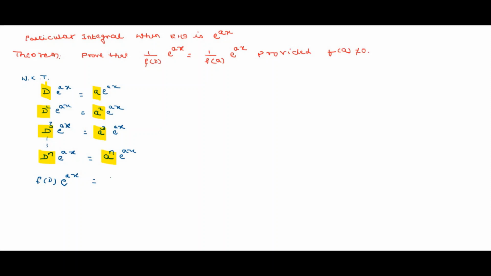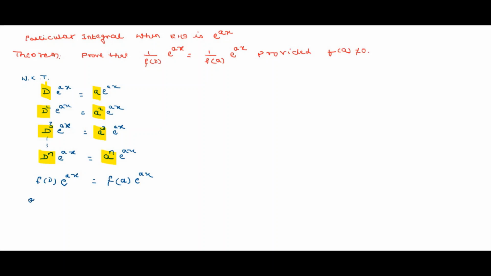So we can write it as f of a into e raised to ax, and now we operate 1 divided by f of D on both the sides and then 1 divided by f of a on both the sides.